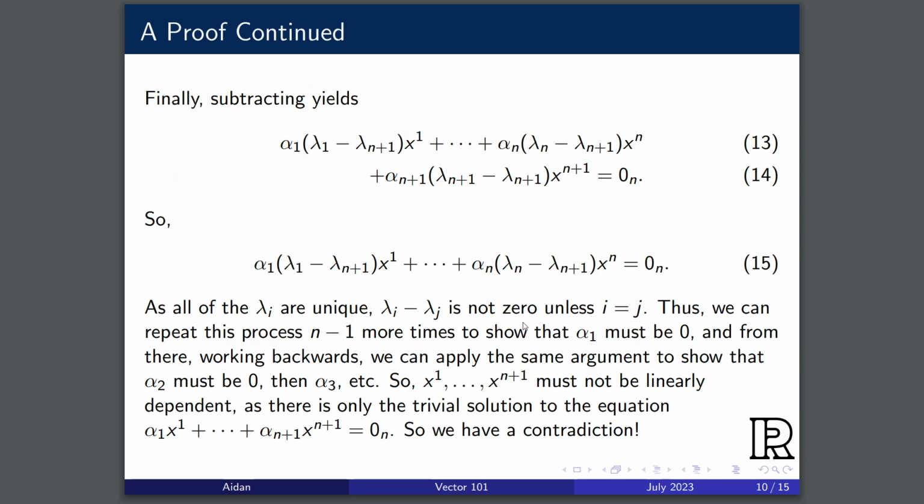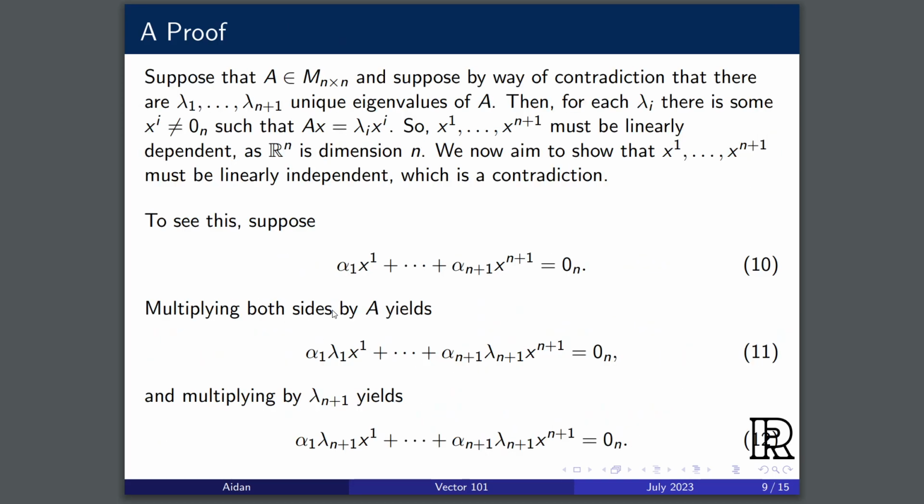So we must have that this list of vectors is linearly independent, and we also must have that this list of vectors is linearly dependent. But this is a contradiction. And so something has to give, something has to break. And the only assumption that can break is that there are n plus 1 unique eigenvalues of A. That's the only assumption that can break.